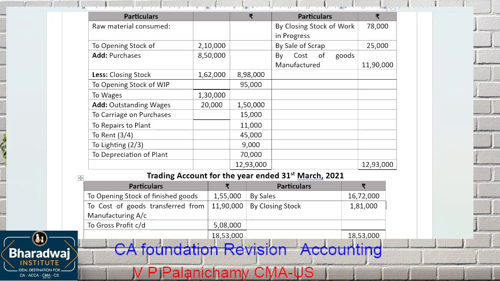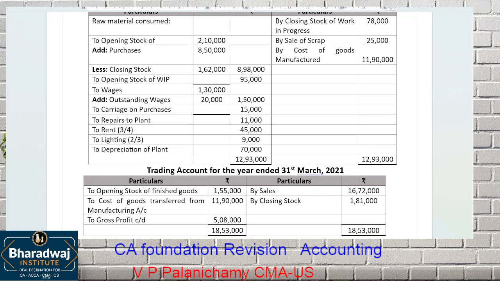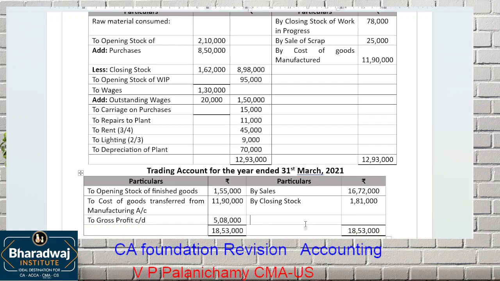Okay. 1% of the 6%. Yeah, 8% of 1,67. Try to prepare the P&L account next.